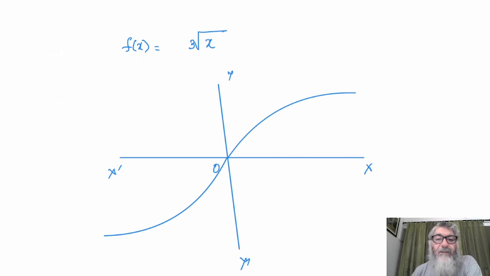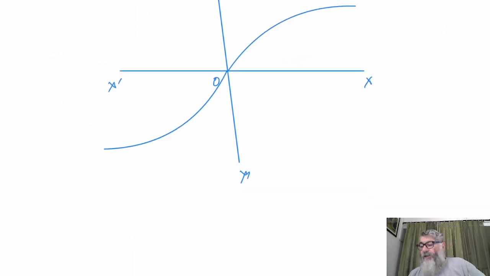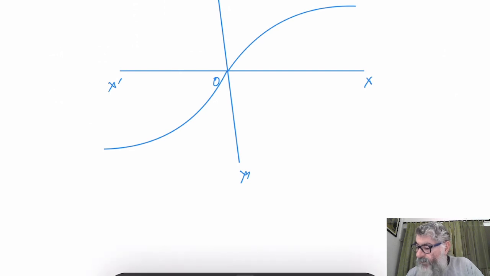This y-axis is tilting a little, but please, this is just a rough figure. You consider the x and y axes perpendicular to each other. If I rub it out, it may spoil, but anyway, I'll try.